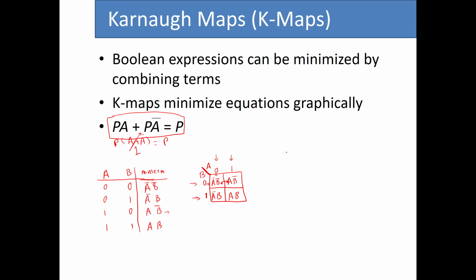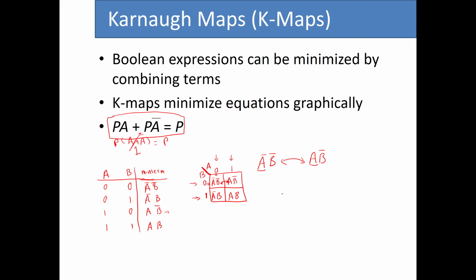So let's just magnify it here. For example, for these two cells, we have A bar B bar, and then A B bar. As you can see, only the value for A is changing. It goes from A bar to A, or vice versa too, right?